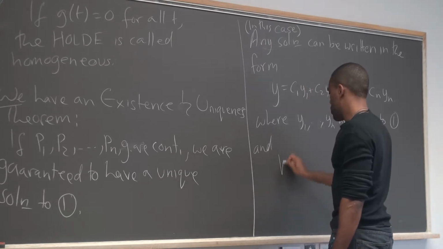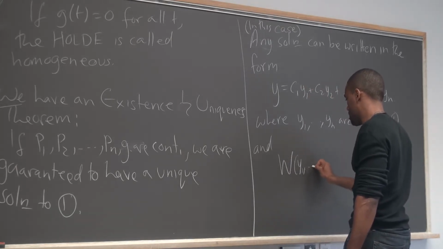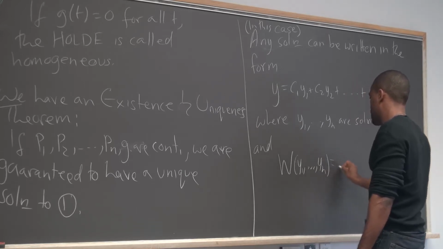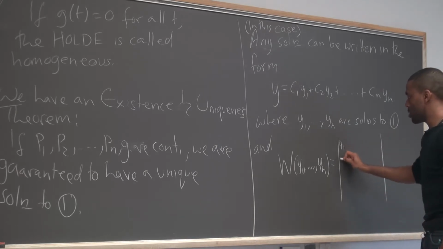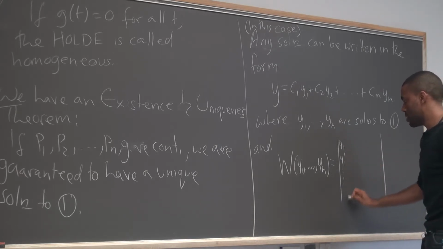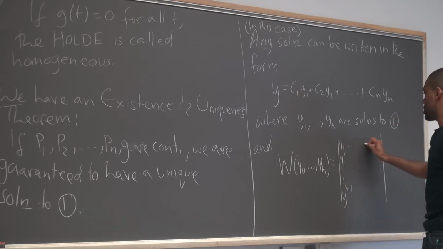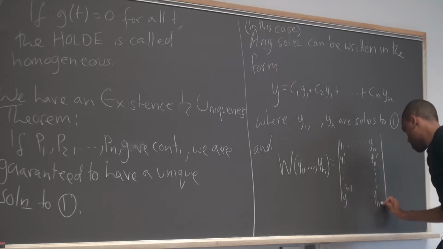and the Wronskian of all of these guys is defined similarly. So you have y1 prime, all the way down to the derivatives, all the way over to yn prime, all the way down to yn.